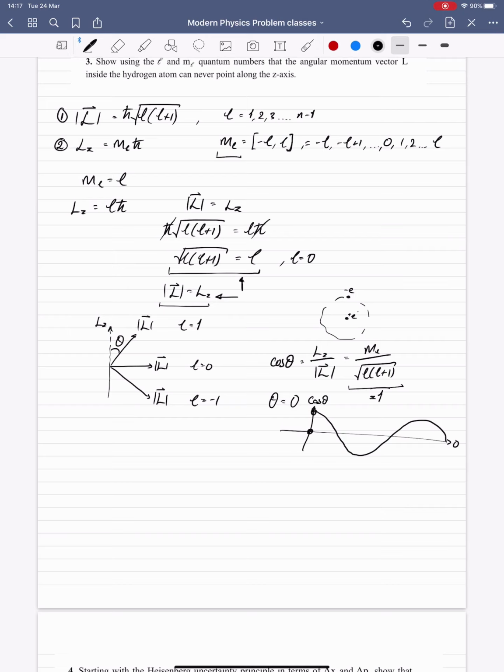But given that ml and l can only take on certain values, there is no combination which allows this ratio to equal 1.